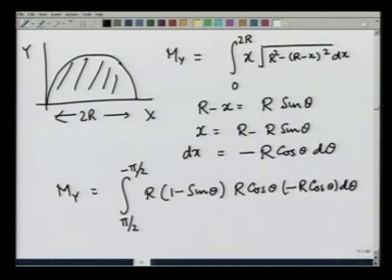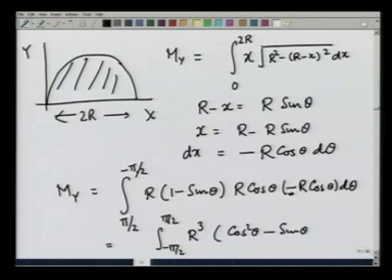Because of this minus sign here, I can write this as minus pi by 2 to pi by 2 r cubed cosine square theta minus sin theta cosine square theta d theta. This is a simple integration which we can perform.